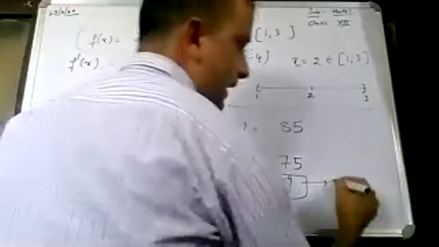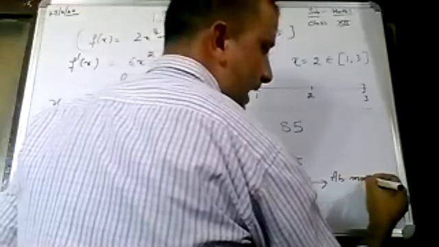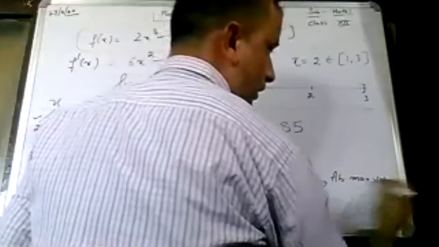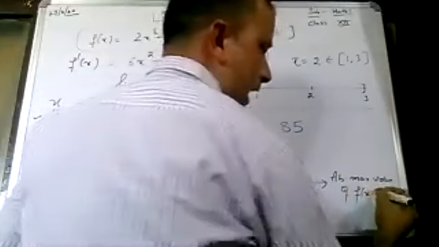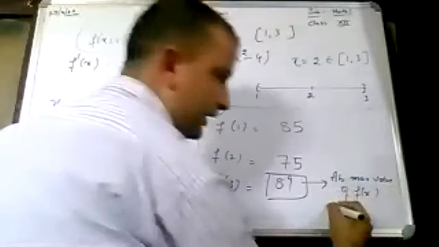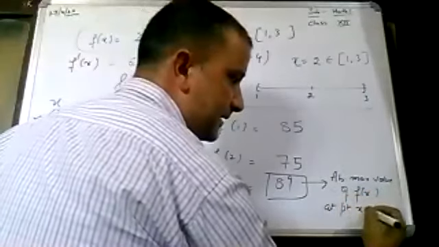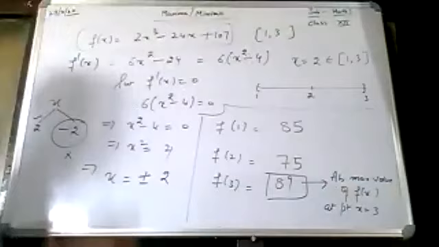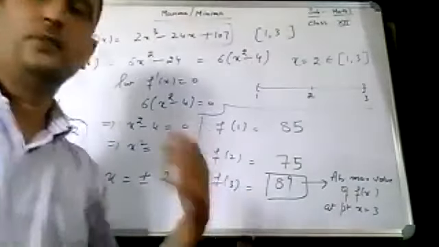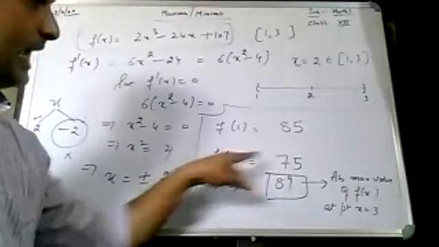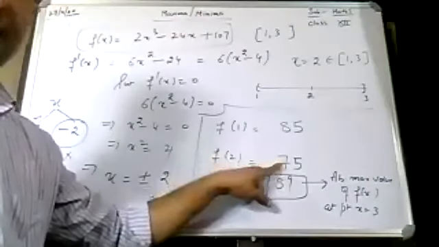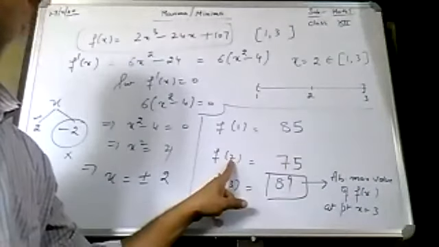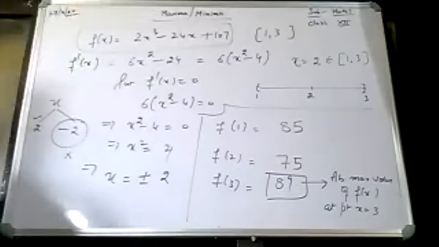So this is the absolute maximum value of f of x. कहाँ पे आ रही है? At point x is equal to 3. So maximum ही calculate करनी थी. Suppose minimum value भी होती है इस question में. So minimum value is 75 at point x is equal to 2. Clear? Any doubts, class?